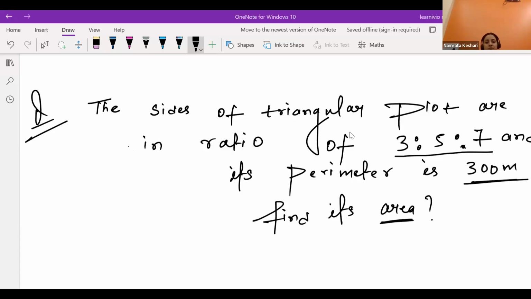Now we can take the ratio as 3x, 5x, and 7x and add them to get the perimeter 300 meter, and then we can find the value of x and multiply it by 3, 5, and 7. Then we get the sides, and the semi-perimeter will be 150 meter, and we can find the area using Heron's formula. Yeah, perfect.